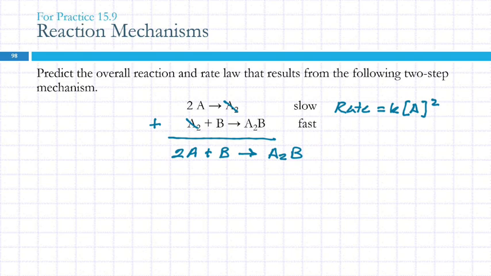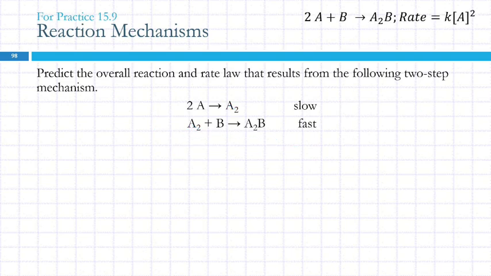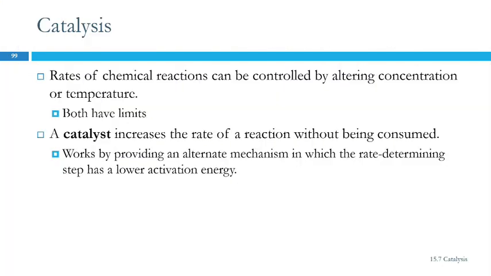And you look at that prediction, and you have to see, well, are there any intermediates in this predicted rate law? If there are intermediates, then you have to do the whole K forward and K reverse thing and solve and substitute in. Okay? Any questions? There's no rate for the fast reaction.